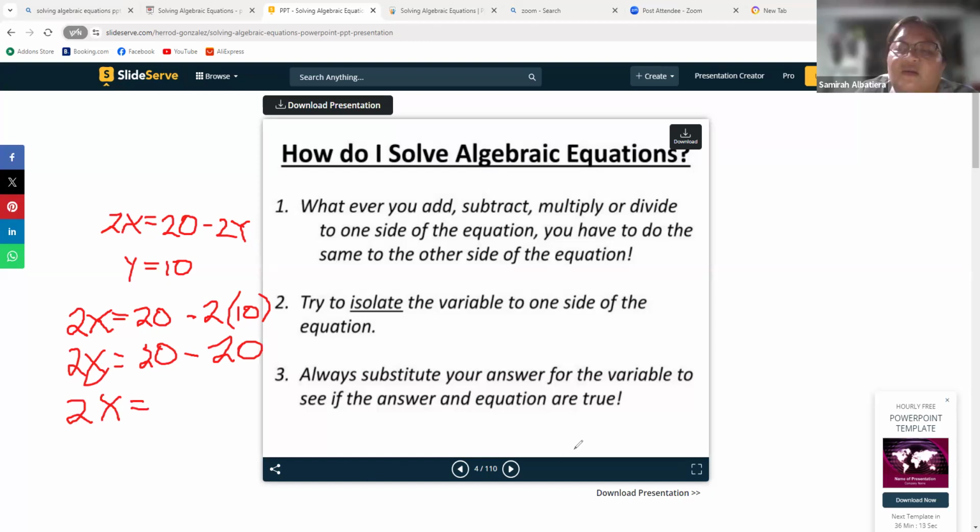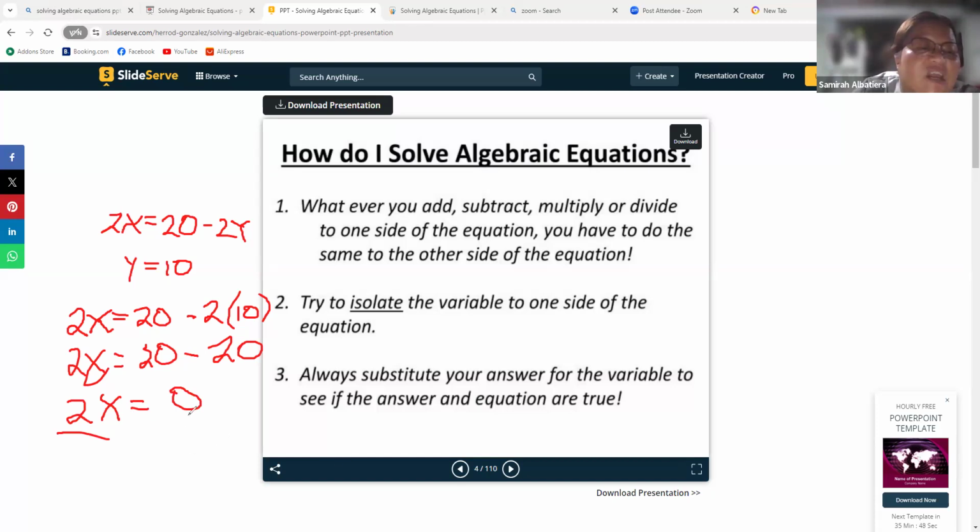What is 20 minus 20? Zero. Yes, it is 0. So what would be the value of x now?